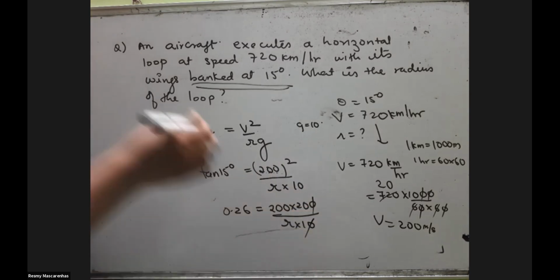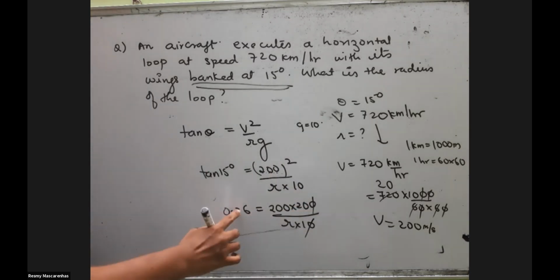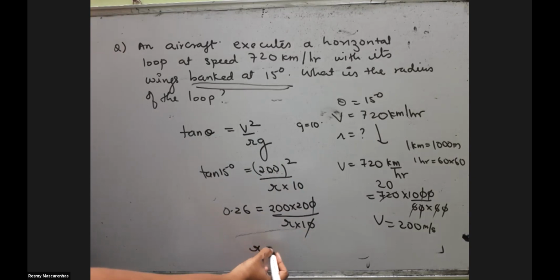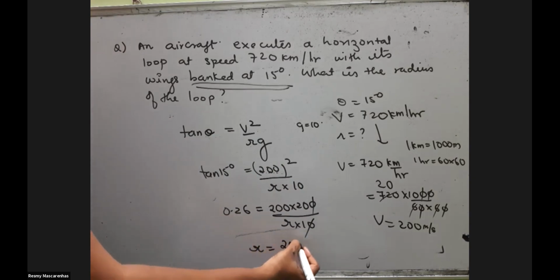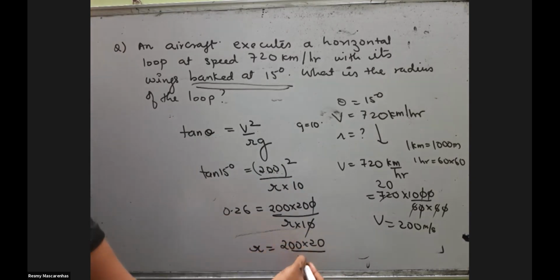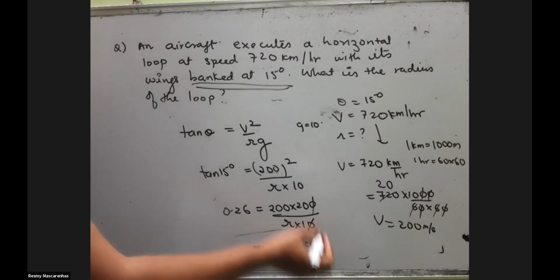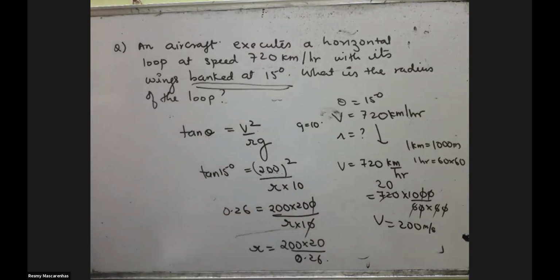So the zero will cancel. R you bring here, this fellow will go down. And then calculate your value. This is how we are getting that 0.26. Tan 15 degree from log table you can directly check, or you can do it on the calculator.